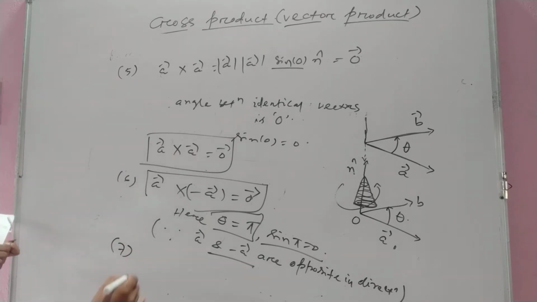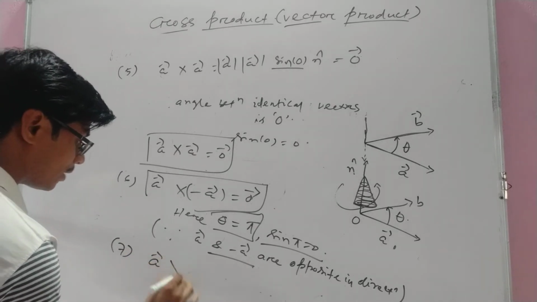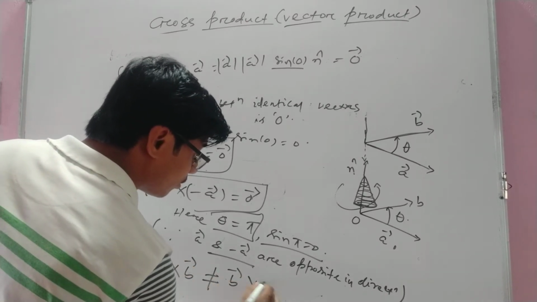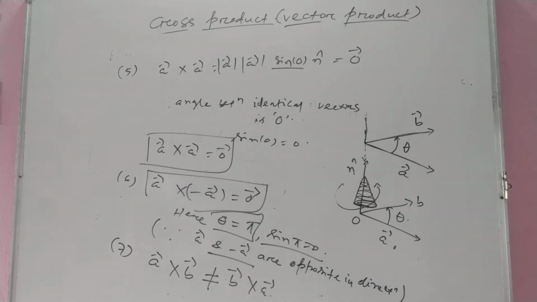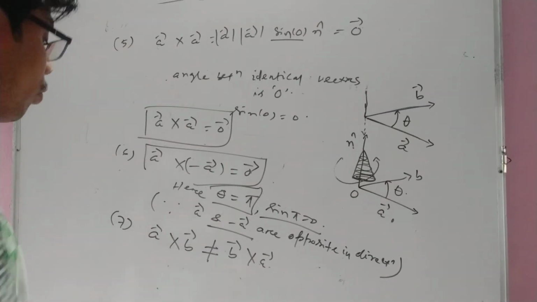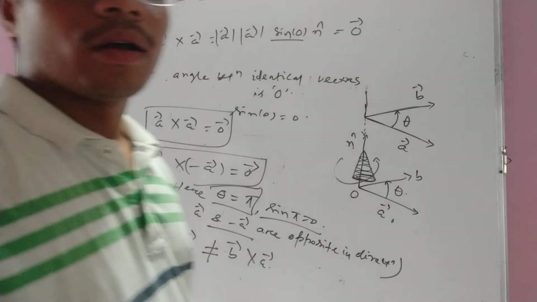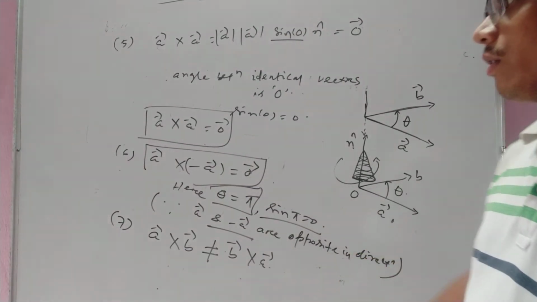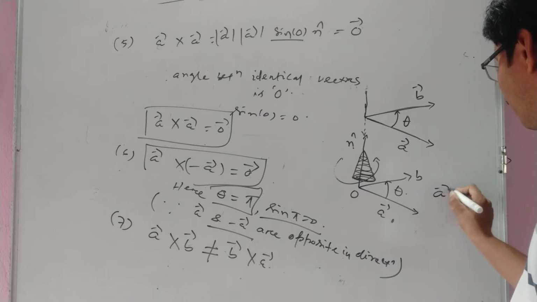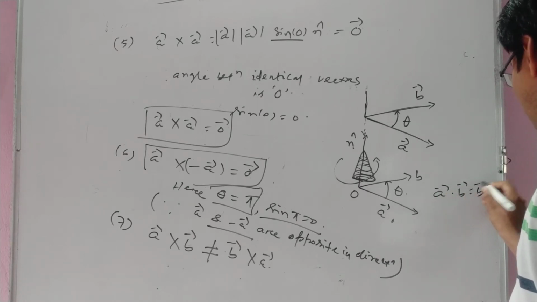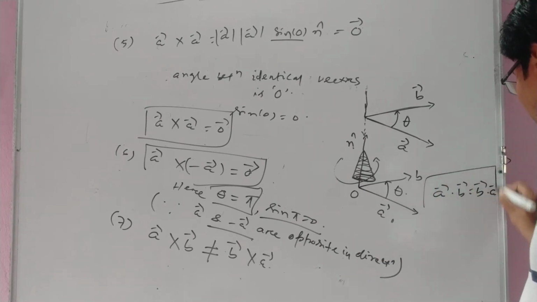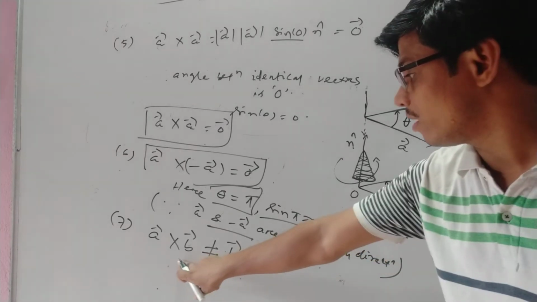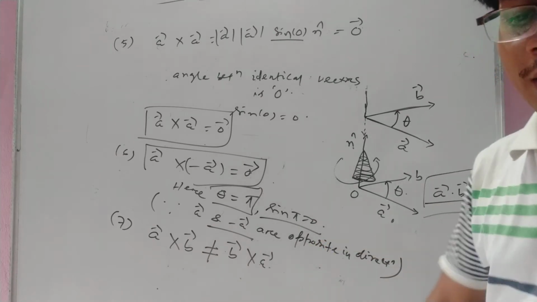Seven: A vector cross B vector is not equal to B vector cross A vector. This is the most important property. Cross product does not satisfy the commutative law. Scalar product satisfies the commutative property, A dot B is equal to B dot A, but in this case the cross product does not satisfy the commutative law.